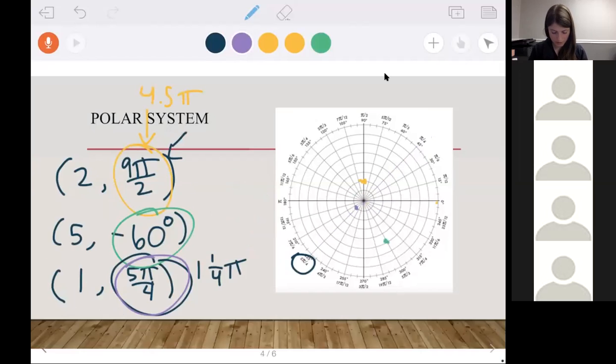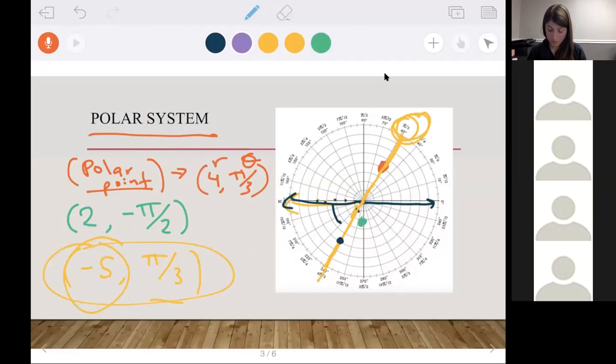Then another way I like to describe what we were doing before is sometimes it's easier in polar form, with this one we're looking at, to start with your angle. Like you're on the pi over 3 angle line, and then your -5 radius, meaning you're going backwards and you're going down rather than going up and out. So a couple ways to think about that.